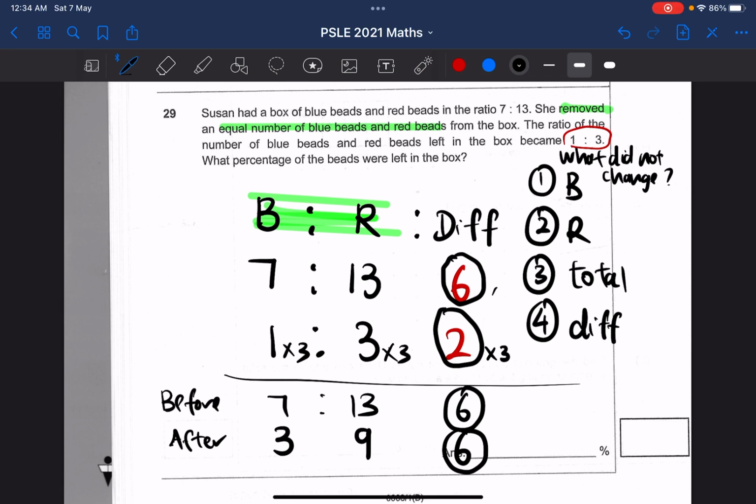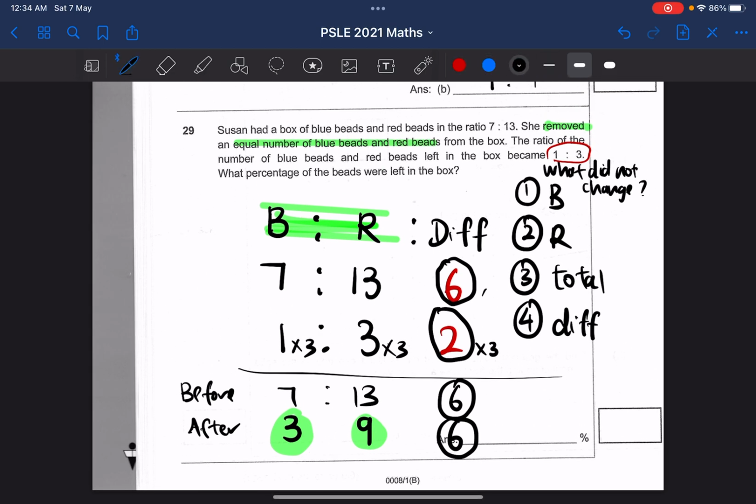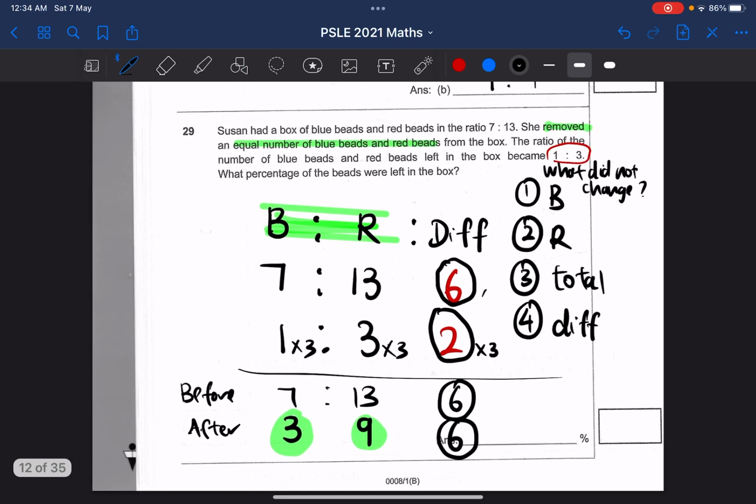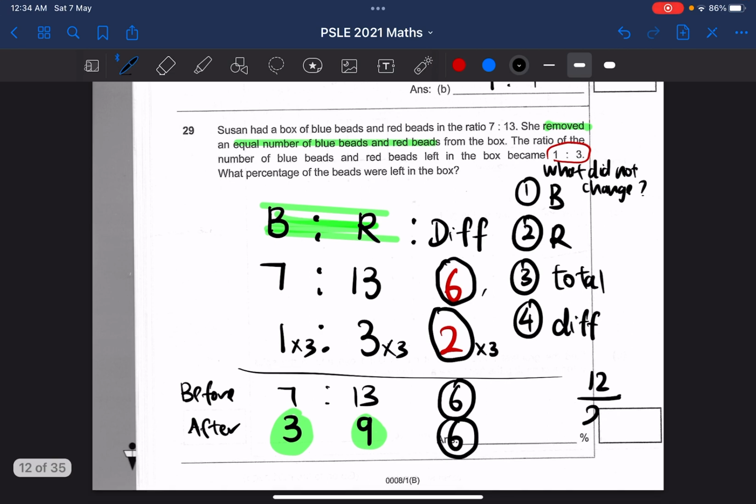Right, now they said what percentage of the beads were left. Now when you talk about left, that means you're looking at this number of blue is left, this number of red is left. Correct? So total how many beads were left? 9 plus 3 is 12, correct? Originally, the question will be originally how many was there? 20, isn't it?